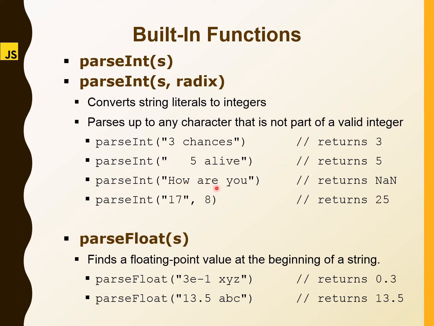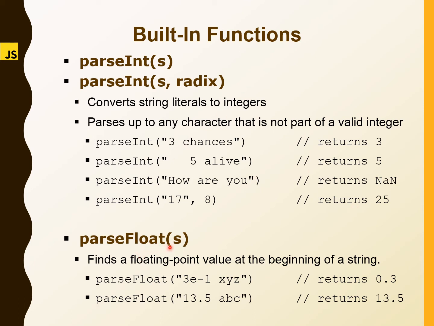In this string, no numeral values are specified, so this parsing function will return NaN, because it does not contain any numeric character. Next example, parseInt of 17 comma 8. Looking at this example, we can see that 1 and 7 are both numbers. Then after that an 8 is there, so it will return an output of 25. 17 plus 8, it will return 25.